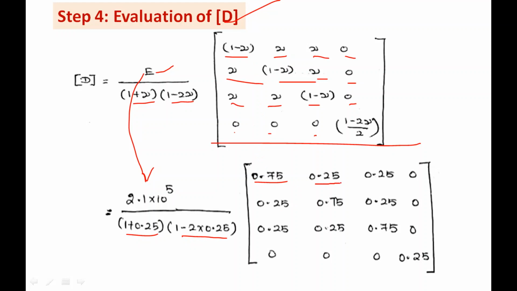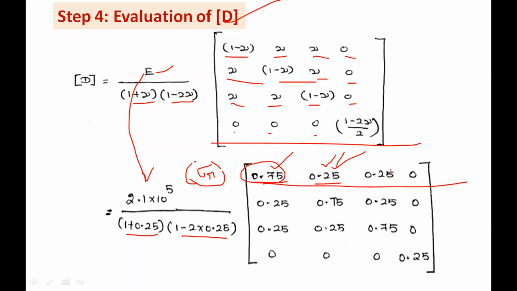Nu is 0.25. From this numerical value we can understand that contribution of this term will be more than this term. This is for the normal stress. First row is for calculation of sigma r, radial stress. So the first part is contributing more in case of this radial stress than the other.